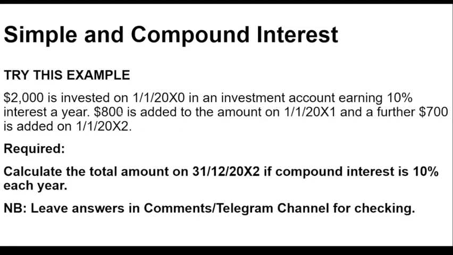So this amount will start earning the interest from this date. And the same idea applies to the 700, which is on 1st January 20x2. All right, so it means this amount is going to stay in the account for a number of years. This amount is going to stay in the account for a number of years. And then this amount is also going to stay in the account for a number of years, which is actually 1 year here.